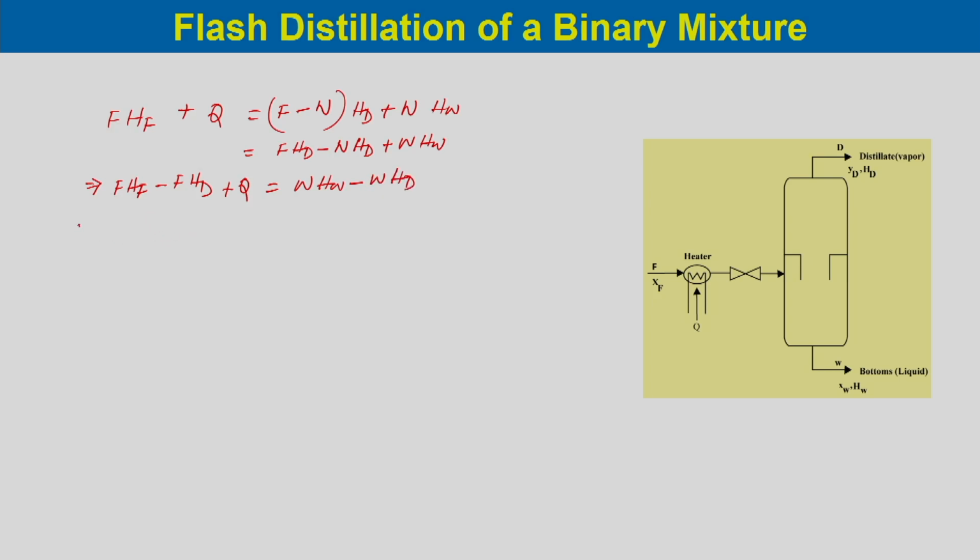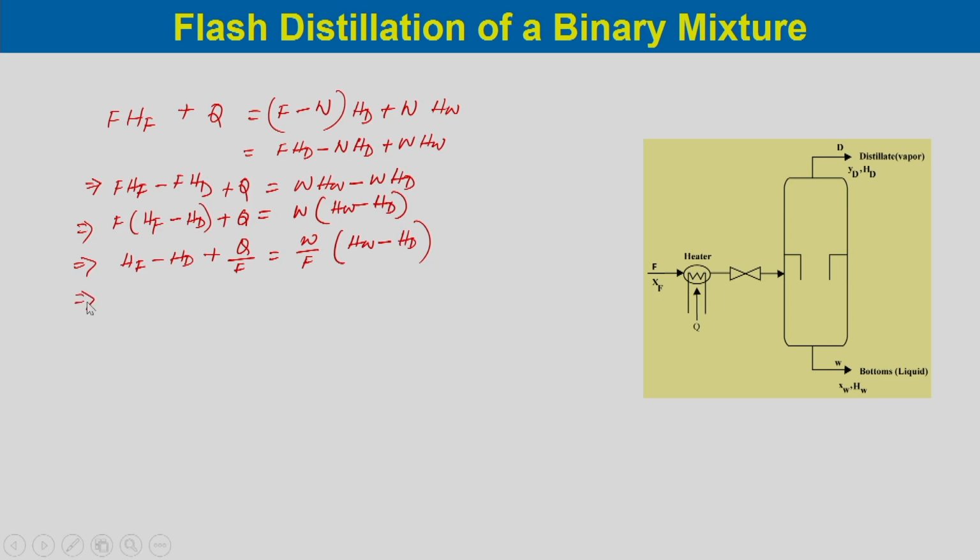So, from here we can write F into HF minus HD plus Q would be equal to W into HW minus HD. Now, further rearrangement, it would be HF minus HD plus Q by F would be equal to W by F into HW minus HD.